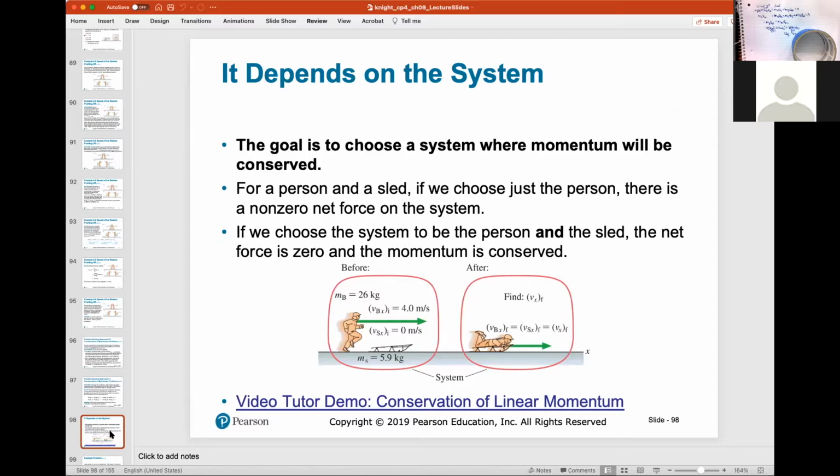And so now we have to think about what's the new momentum of our system. So when he jumps on the sled, if the sled weighs 5.9 kilograms, then is the velocity of the system going to be slower or faster after he jumps on it?